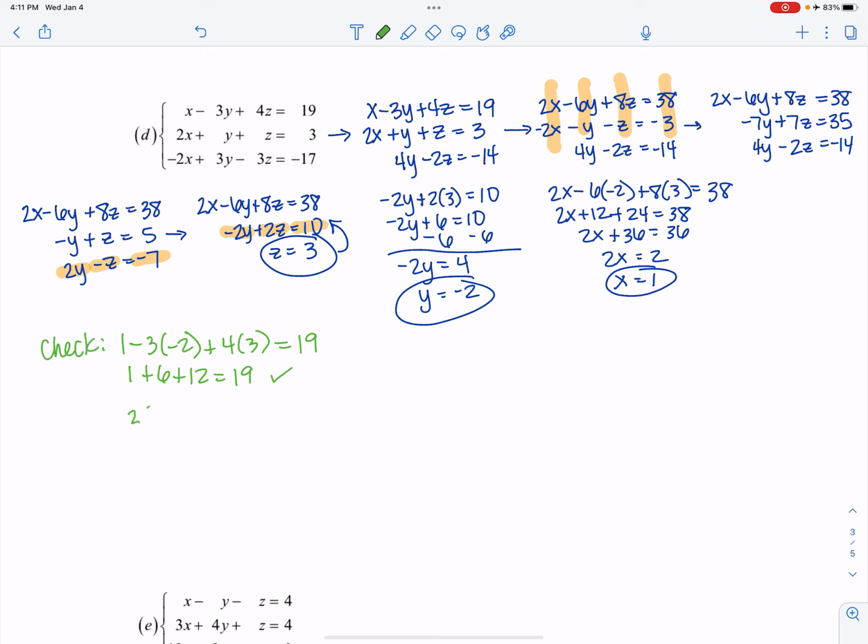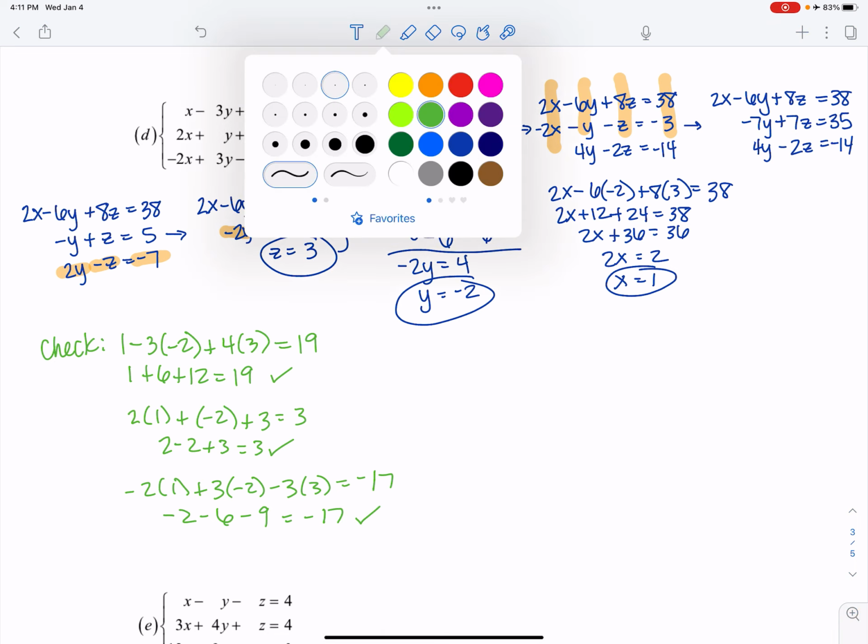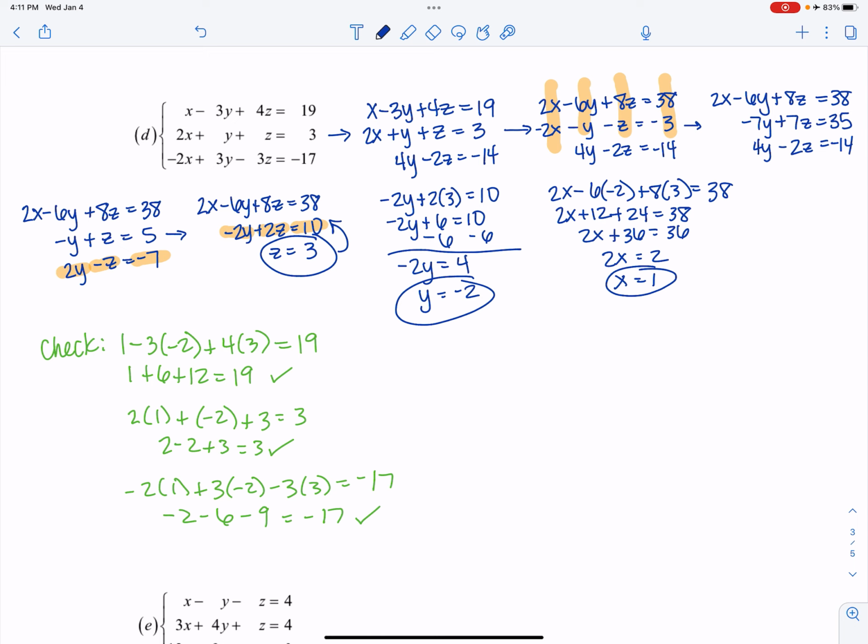Next we have 2 times 1 plus negative 2 plus 3 equals 3. 2 minus 2 plus 3 equals 3, that checks. And we need negative 2 times 1 plus 3 times negative 2 minus 3 times 3 to equal negative 17. Negative 2 minus 6 minus 9 equals negative 17, so that checks too. So we have our answer, and that is 1, negative 2, 3.